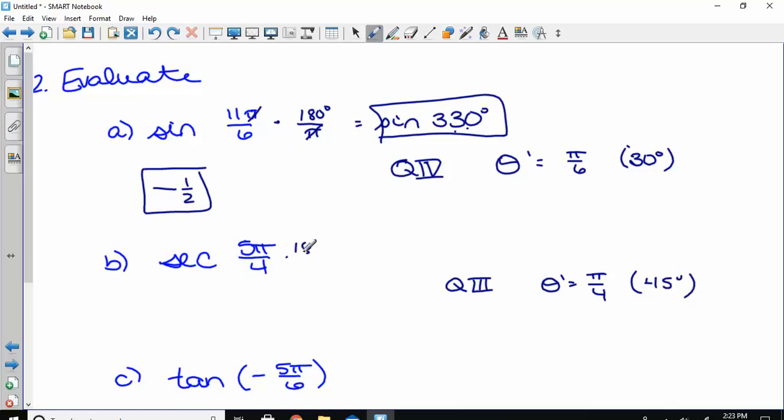But if you were stuck, you can multiply by 180 over pi here. So you have 5 times 180 divided by 4. And you get the secant of 225 degrees, which you can say is in quadrant 3 with a reference angle of 45. Same thing.